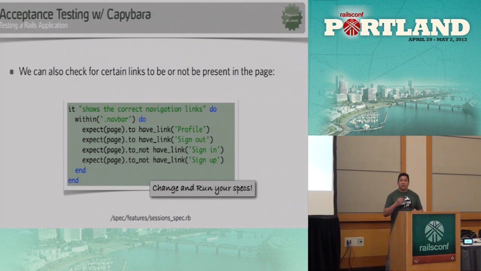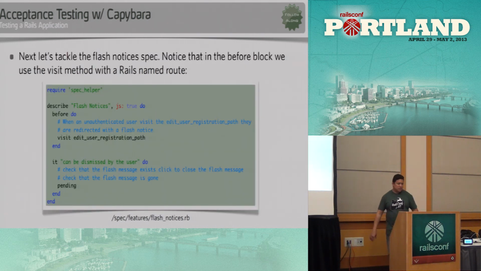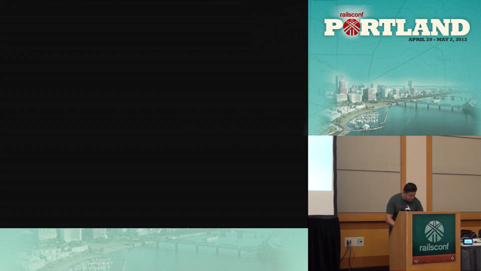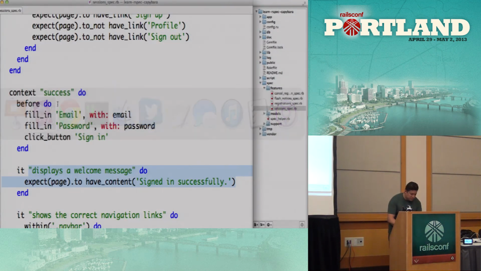But by default, if you can see it, Capybara can get to it. So I'm checking for the two links for the profile and to be able to sign out, because I'm signed in correctly. And I should not have the link to sign in or the link to sign up. All right. So let me show you those two in the context of the whole testing class.